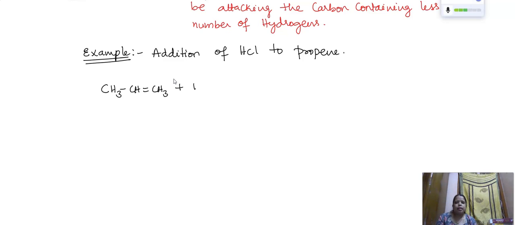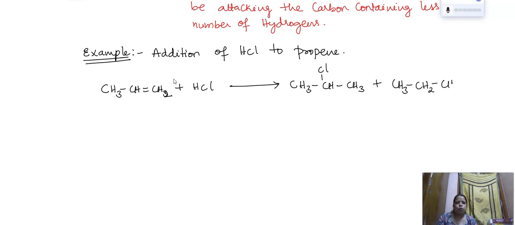Now when we add HCl to this propene, we have two different possibilities of products. One is CH3CHClCH3, which is 2-chloropropane, and the other is CH3CH2CH2Cl, which is 1-chloropropane.